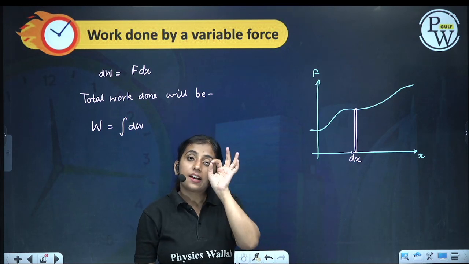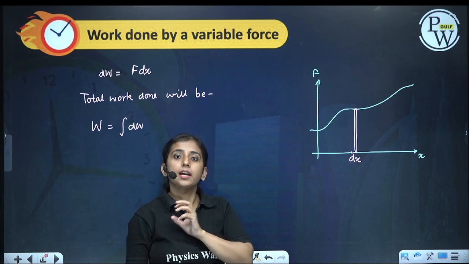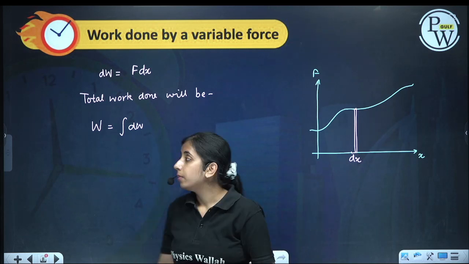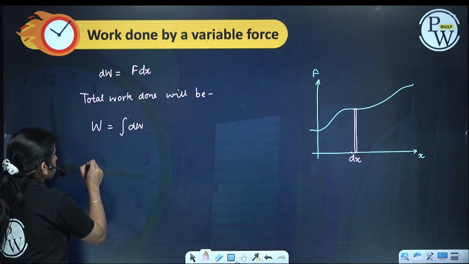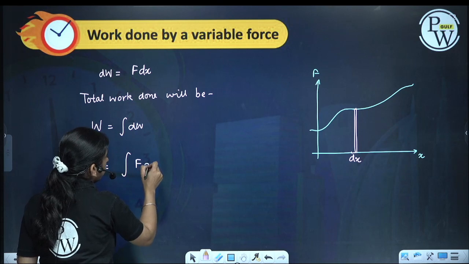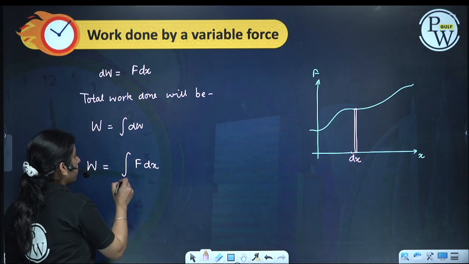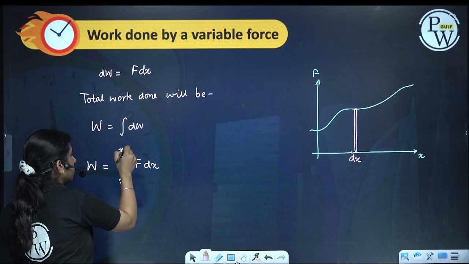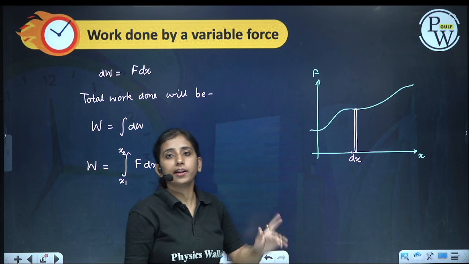So we'll calculate the work done for each small displacement and then we'll be adding them. So total work done will be integration of dW. So total work done will be integration of F dx. Limit of x will go from x1 to x2, from where till where you want to find the work done.